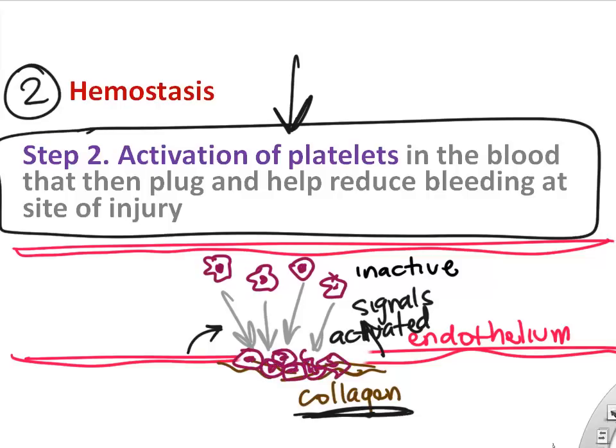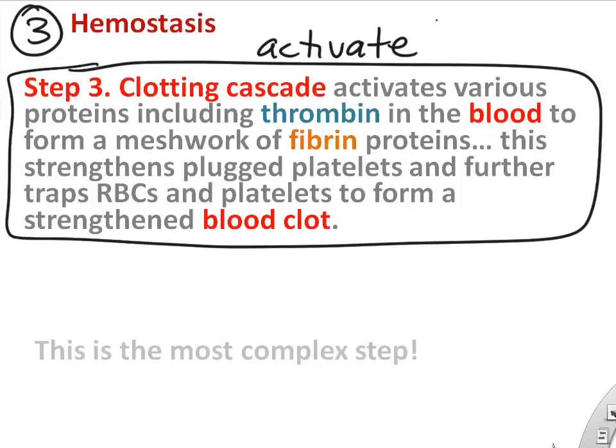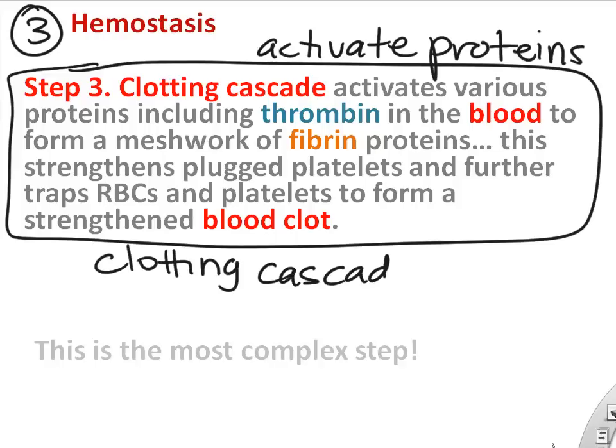The platelets then begin to clump and cling on to the damaged portion, and we call that the platelet plug. The next and final part of hemostasis is the clotting cascade, where we activate inactive proteins that float around in our bloodstream.